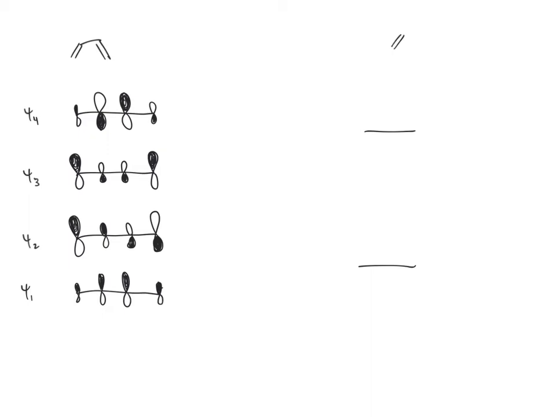And so if we were to put electrons in these orbitals, we would have 2 electrons in the pi1, 2 electrons in the pi2, no electrons in the pi3 star, and no electrons in the pi4 star. And we can again label the HOMO and the LUMO for this. The HOMO is pi2, and the LUMO is pi3 star.